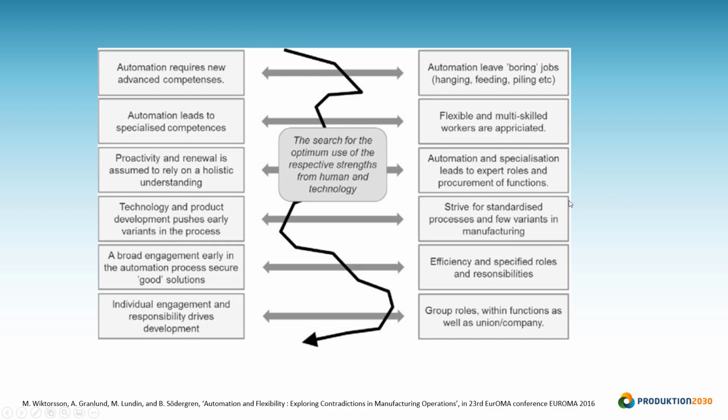Strive for standardized process and few variants in manufacturing. As I said, if you want to have high automation, you want to have fewer variants, and that's also why we saw in the Volvo movie that the level of physical automation is higher when there are fewer variants.